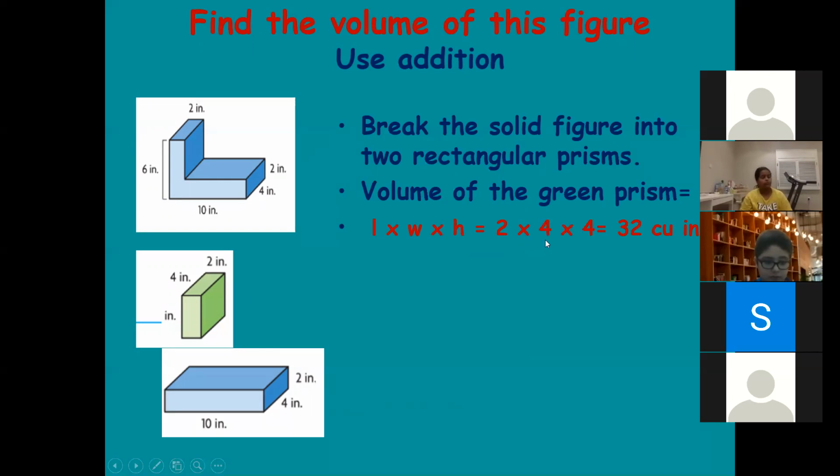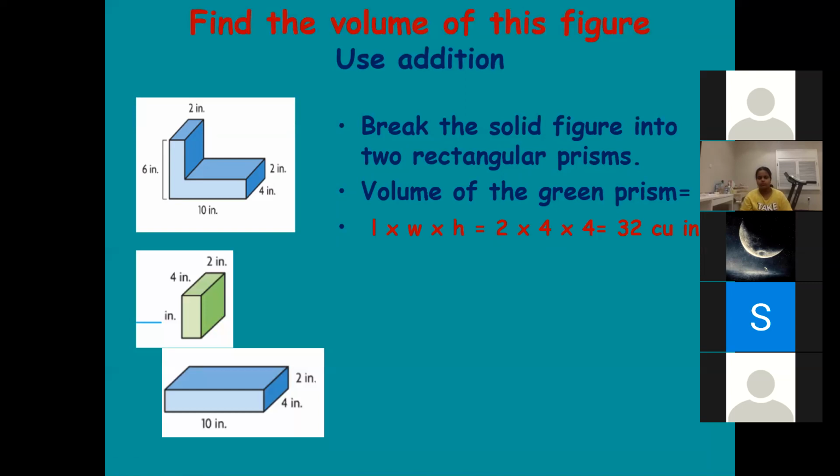What is 2 times 4? 8. 8 times 4 is 32 cubic inches, right? 32 cubic inches is the volume of the green prism. Yes or no?